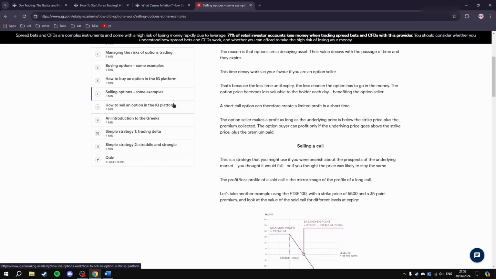The reason is that options are decaying assets. Their value decays with the passage of time and they expire.